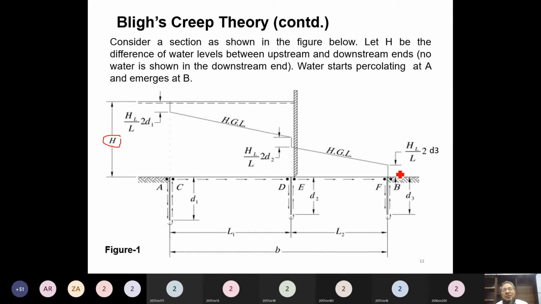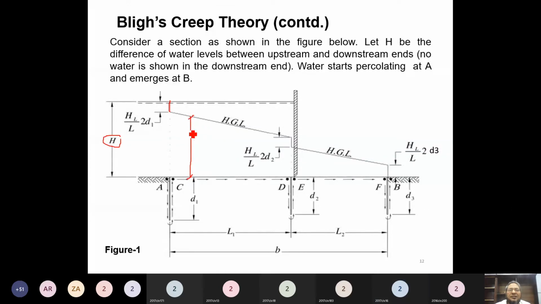So if we have the hydraulic grade line, then we can know about the head losses. And now you see how much is the head loss caused by this upstream sheet pile. This is the head loss which is caused by this upstream sheet pile, because this is the hydraulic grade line. So what does the hydraulic grade line give us, by the way? ये क्या देगी हमें? Pressure head दे रही होती है. It gives us the pressure head from here to here.